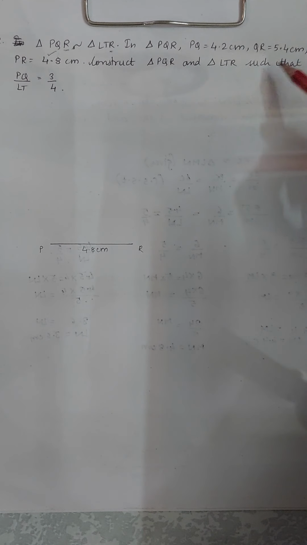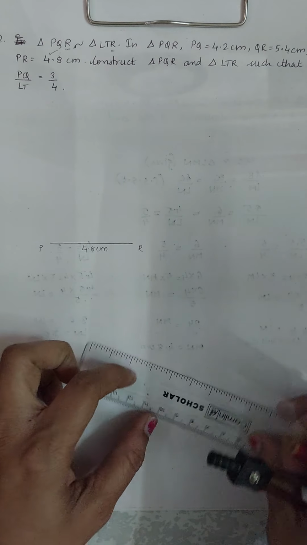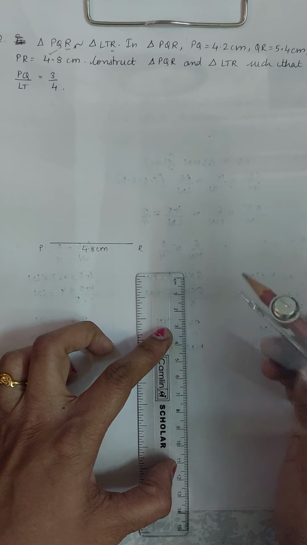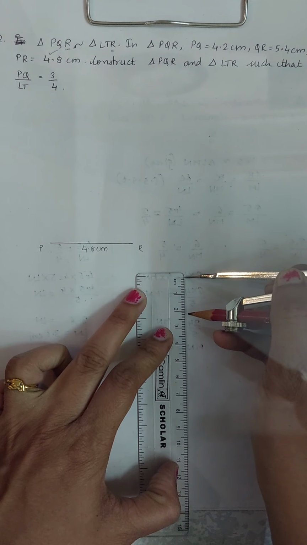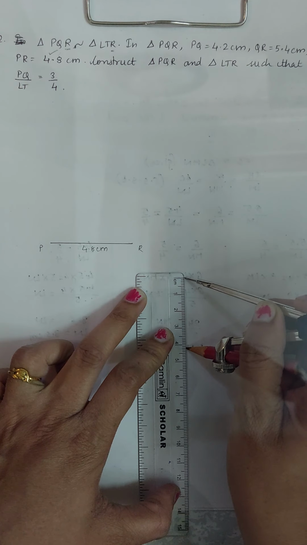After that, we are supposed to draw QR and PQ, so we'll draw that also. For that, we are going to keep a ruler and take PQ. PQ is 4.2, so we are going to measure 4.2 by keeping it here.